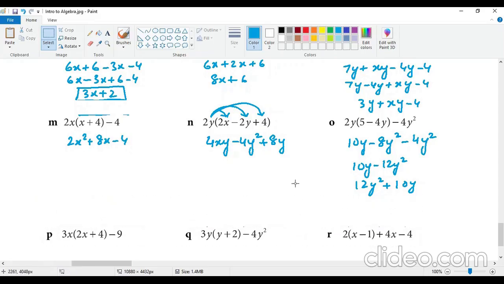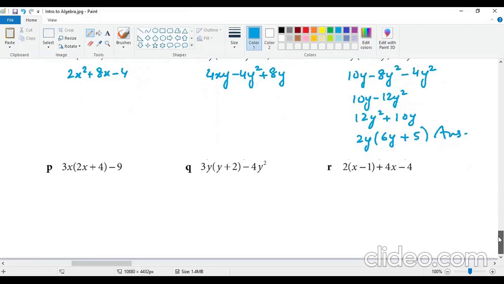Since both the numbers can be divided by 2, so 2y is common in all of them, and you will have 6y plus 5. This is going to be your final answer.